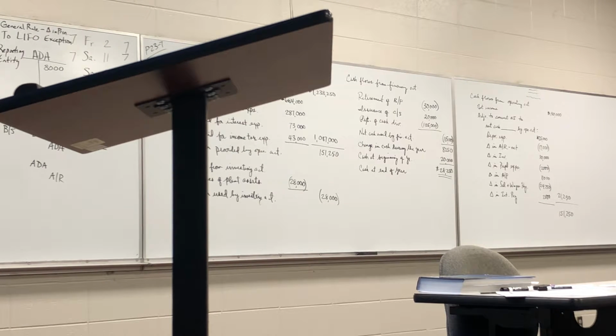So there's no requirement that the actual flow of goods out of our store has to match the assumption that we use, because in most businesses it's impossible to determine what the actual flow is, since we sell identical stuff. Go to the grocery store, a can of Crisco, a can of pork and beans.